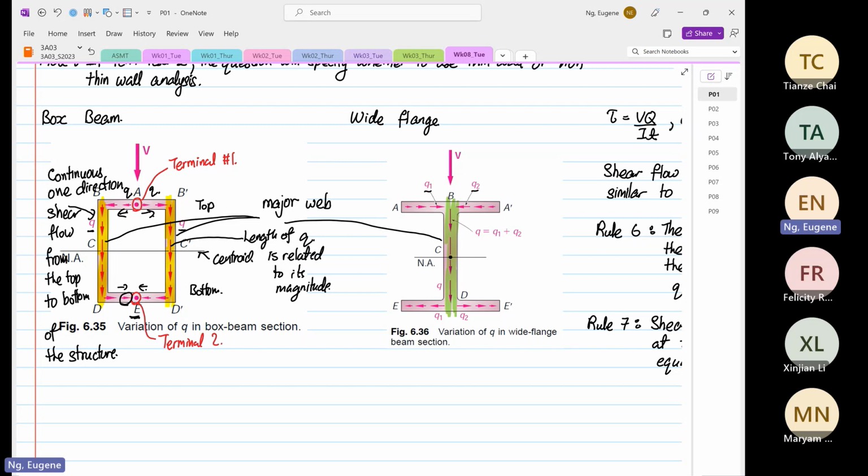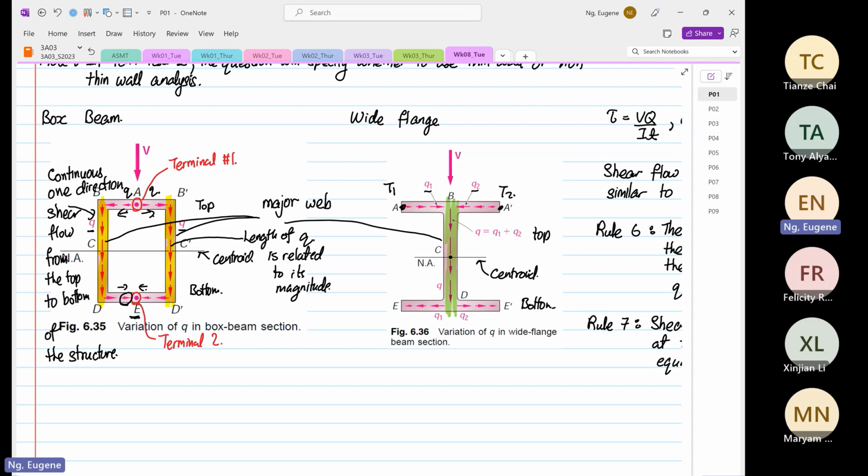Now, if we look on the right-hand side, which is known as a wide flange, what is very interesting is, this is our centroid, that's our top, and this is our bottom. At the top, we have two terminals, one known as T1, the other known as T2. So for a wide flange at the top, you have one terminal on the left-hand side and one on the right-hand side of the flange.